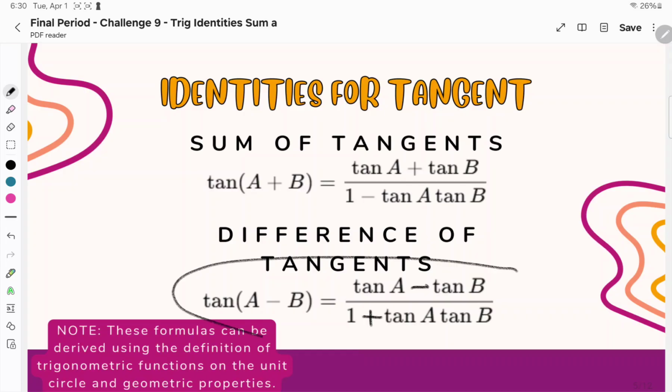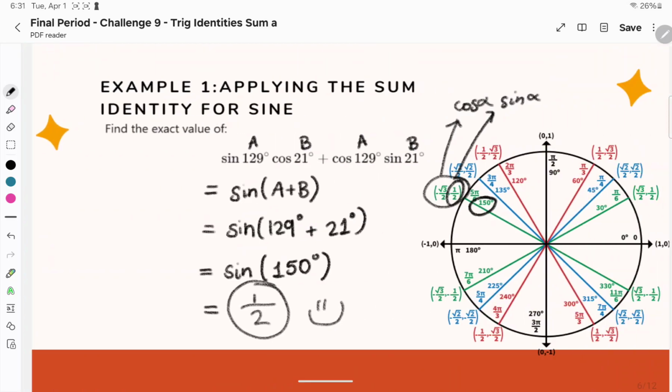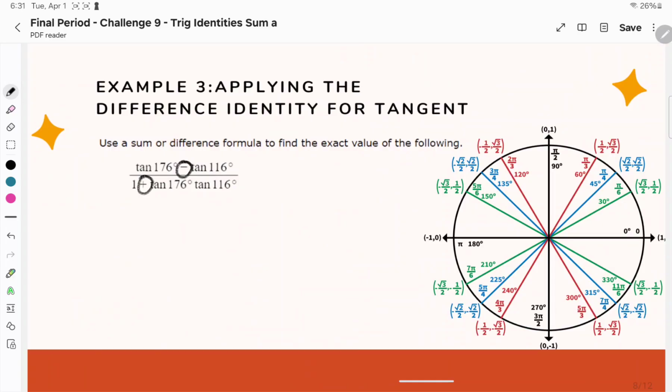Minus and plus. So I'm going to use the tangent of a difference. So this is going to be equal to the tangent of, well, in this case, this is A, the first one. This is B, the second one. A minus B. So it's going to be tangent of 176 minus 116, right? And these are degrees.